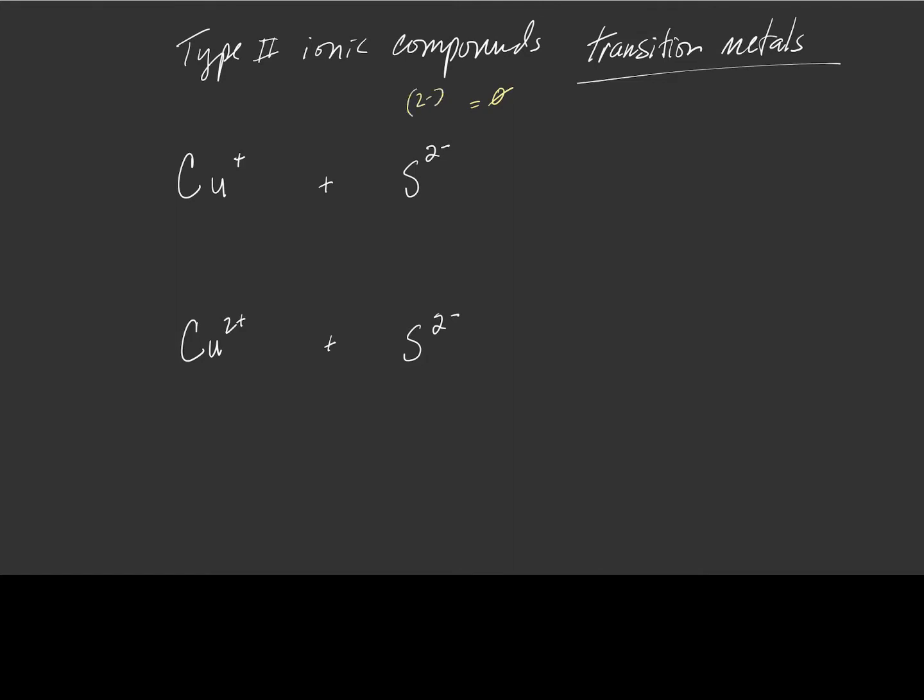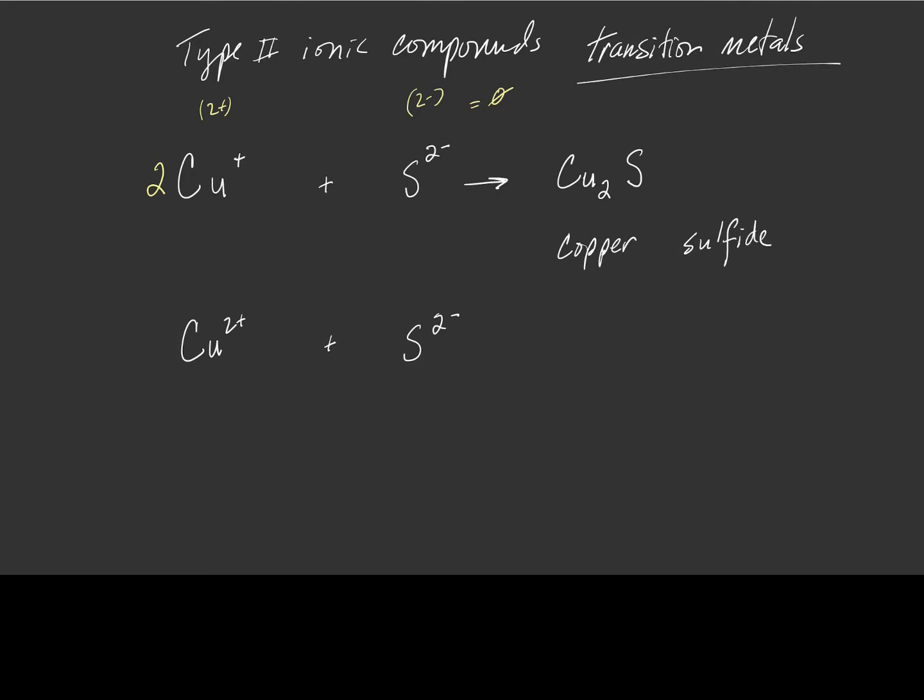We want a -2 and a +2, so we would need 2 of the cation and only 1 of this anion. The 1 is understood, so we don't need to write it. We draw our arrow, and we need 2 of these copper ions and 1 of this sulfur ion. Following the way we've been naming type 1 compounds, we would call this copper sulfide.